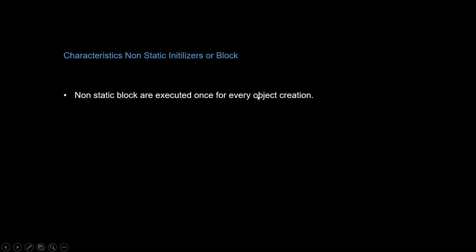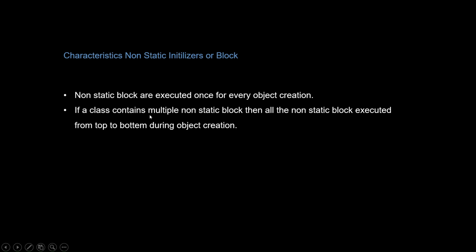That means whenever you create an object at run time, the non-static block is executed once for every object creation. If a class contains multiple non-static blocks, then all the non-static blocks are executed from top to bottom during object creation. When you run a program and the object is created, every block will be executed once.